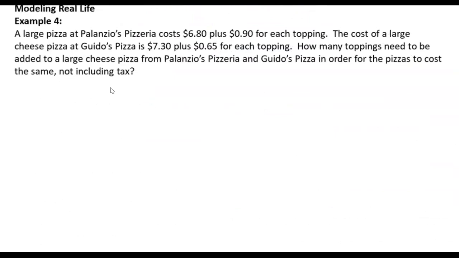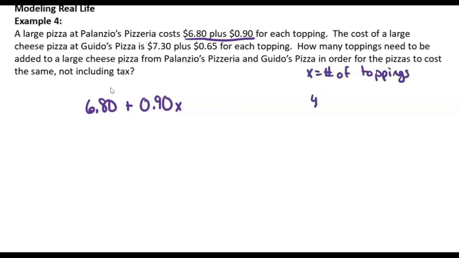Okay, a large pizza at this pizzeria costs $6.80 plus 90 cents for each topping. So that's like this, $6.80 plus 90 cents per topping. I'm going to use X for topping. X is the number of toppings. All right, I'm going to do Y is the cost.